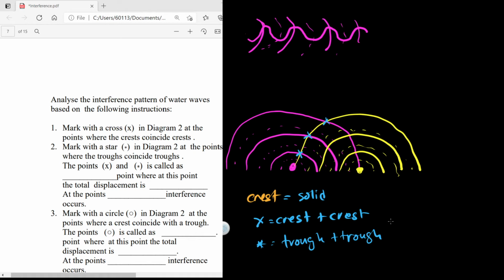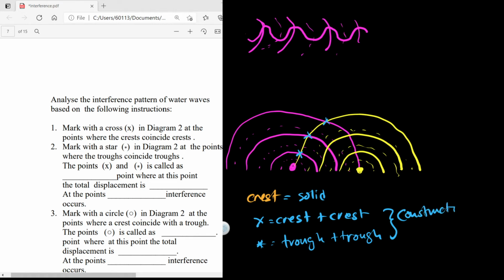So let's refer back to our discussion before. We had discussed what will happen with crest meet crest, trough meet trough, and crest meet trough. So if we have crest meet crest or trough meet trough, what will happen here? They will produce what we call constructive interference.